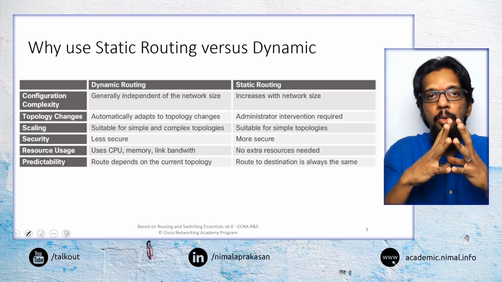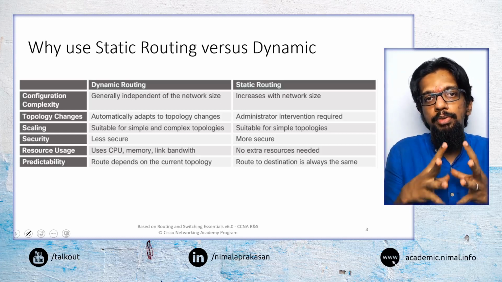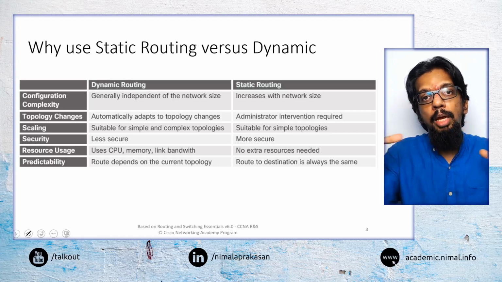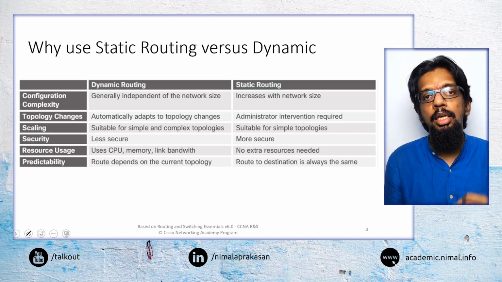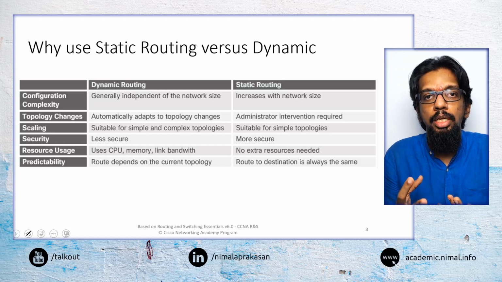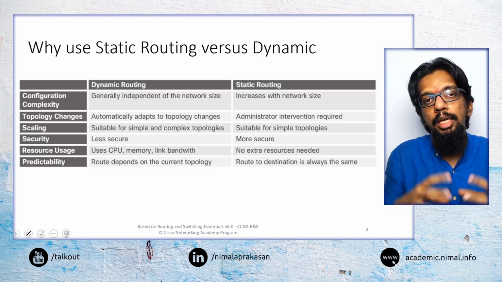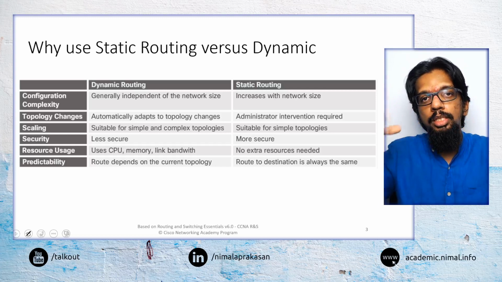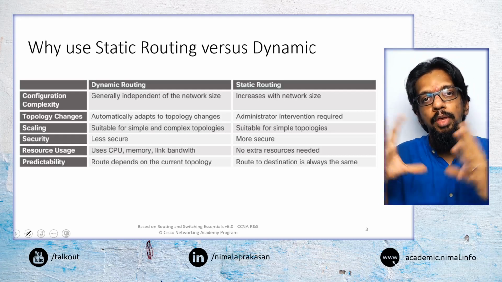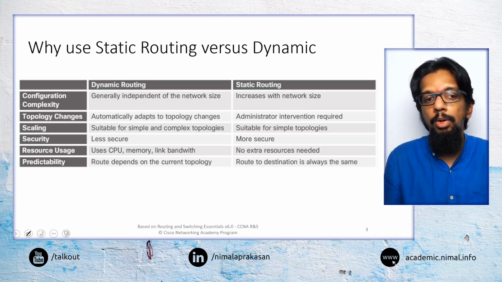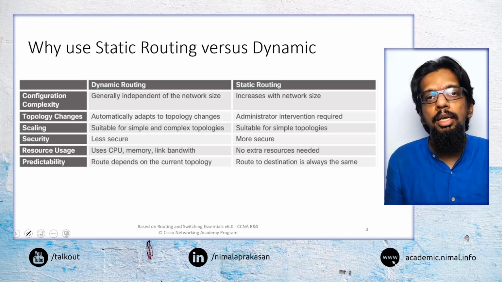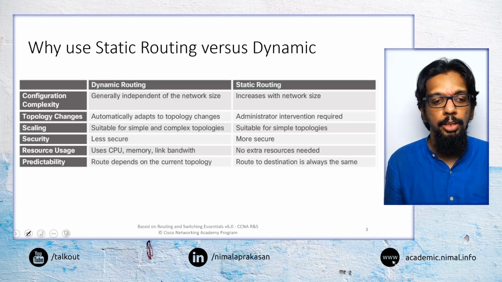Then when we think about the scale of the network, say for example, we start from a small organization and it changes over time and becomes a large organization, here again we would prefer a dynamic routing mechanism so that when changes happen and the organization grows, it is automatically able to adapt to those changes. But if we have a very small, simple network and we don't expect a lot of changes or expect it to scale up, again, we can go with static routing.